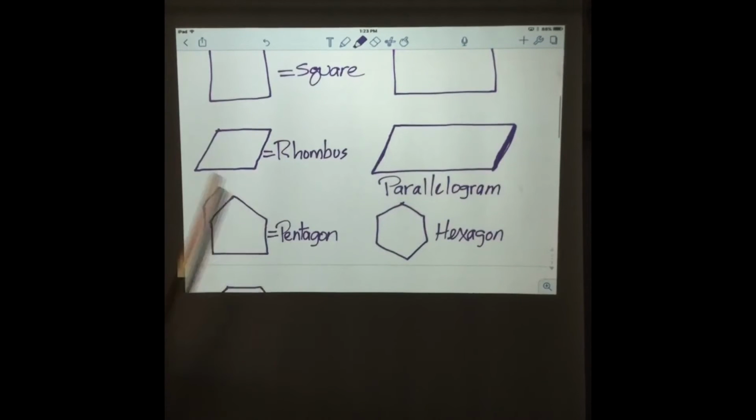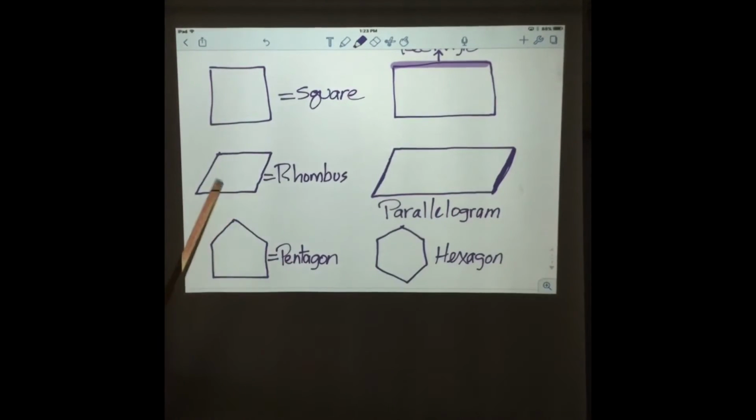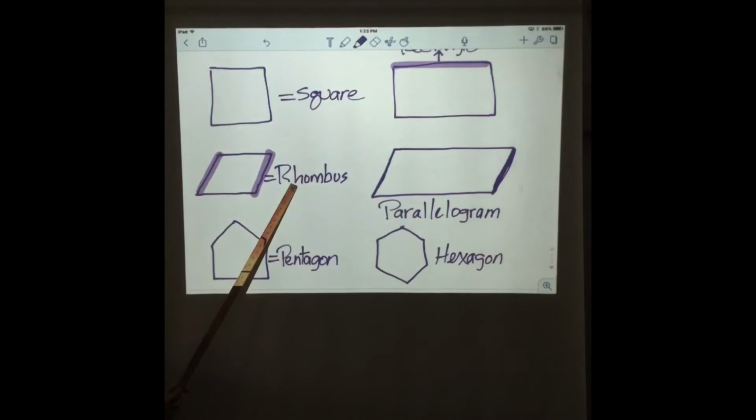Yep. Now look at this one. Does that look like the square? Yeah. What's the difference? It's leaning to the side. So, when you have a square that's leaning, we call it a rhombus. So a rhombus is a square that's leaning.